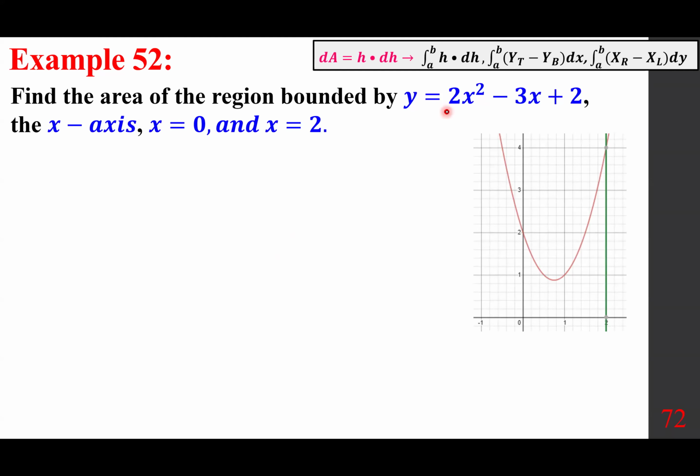Of course, 2 is positive, so it opens up. Because we want it to be between the x-axis, x equals 0, that means the y-axis, and x equals 2, we want this region, everybody.